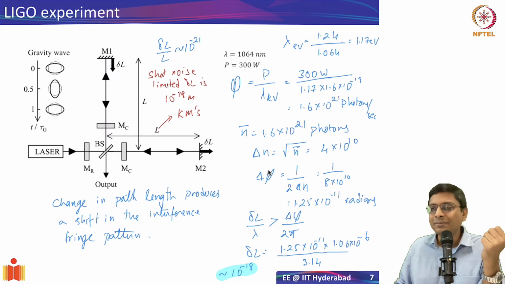And the beauty of this is somebody has done this. People predicted in the late 60s, early 60s, sometime they proposed this experiment. They called it the LIGO experiment. For 50 years, they went on at it. Initially, the funding agencies would say, why do you want it, it's useless, and there were so many iterations, politics and so on. Finally, NSF funded it in multiple bursts, and I think hundreds of millions of dollars were given out to this, and there were hundreds of thousands of people working on this.